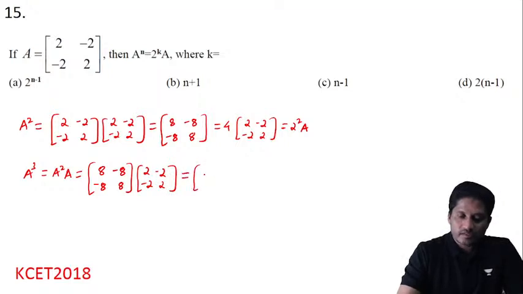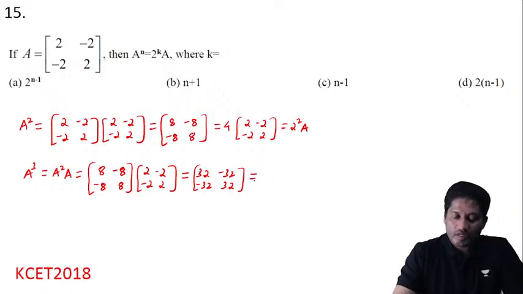Equal to matrix 16 plus 32, right? 32 minus 32 minus 32 and plus 32, which is equal to, if I take 16 out, 2 minus 2 minus 2 and plus 2. 16 is 2 power 4 into matrix A.